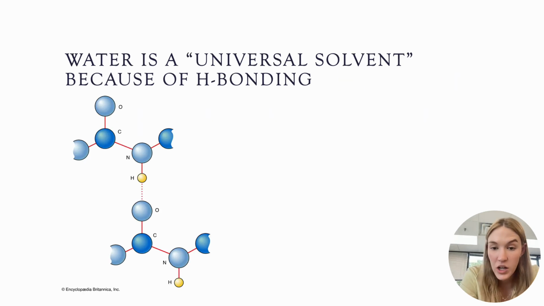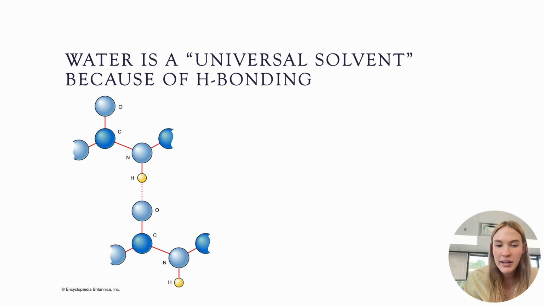One of these amazing properties is the idea that water is a universal solvent. And when we say universal, of course, we mean not universal at all, but it is a pretty good solvent. When we say universal, we just mean that it can dissolve a variety of substances, and it's actually very good at it. That comes from its ability to hydrogen bond, which is caused by its polarity.